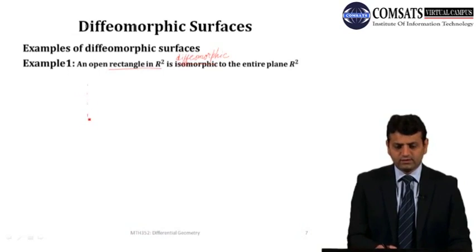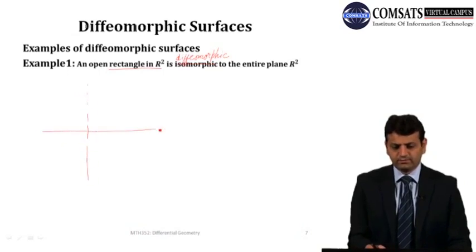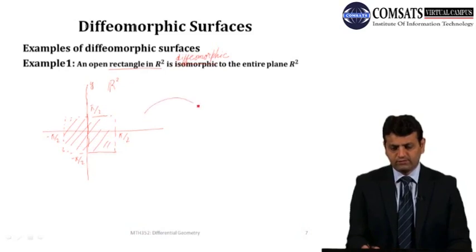So अगर मैं XY plane में एक छोटा सा open rectangle लूँ which varies from -π/2 to π/2, and along y-axis this varies from -π/2 to π/2, then this very small portion of R2 is diffeomorphic to the entire plane.